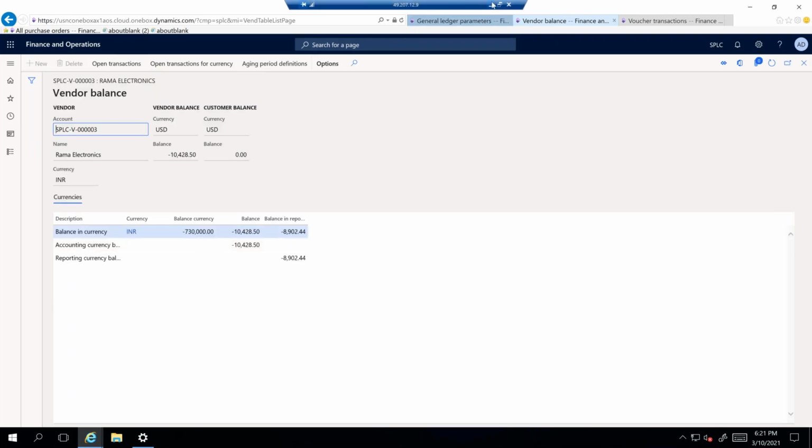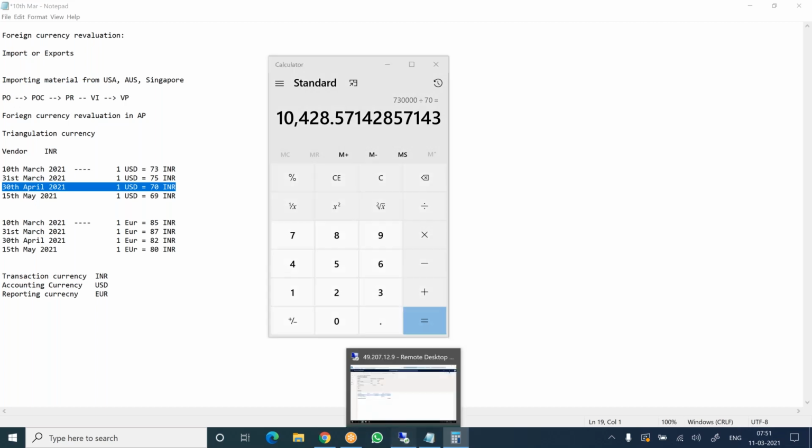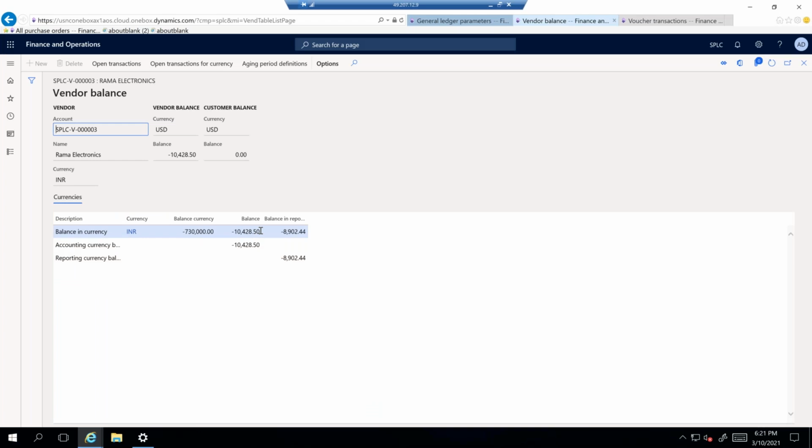So 7,30,000 divided by 70 now. Then he needs to pay 10,428.5857. Of course, rounding is happening.